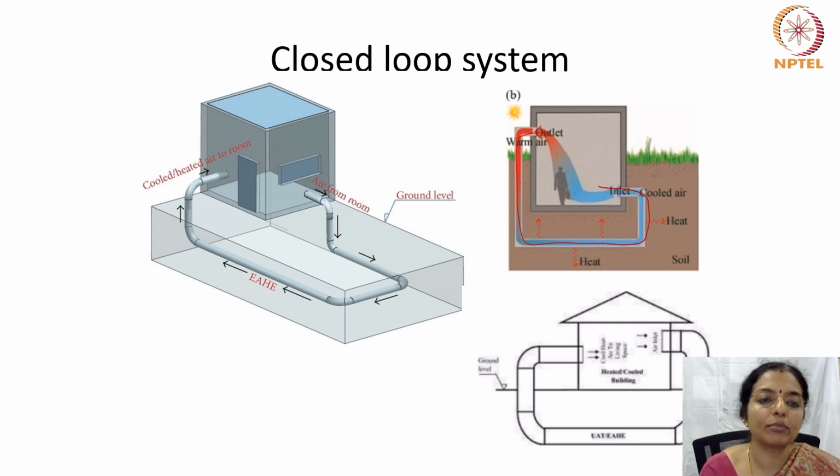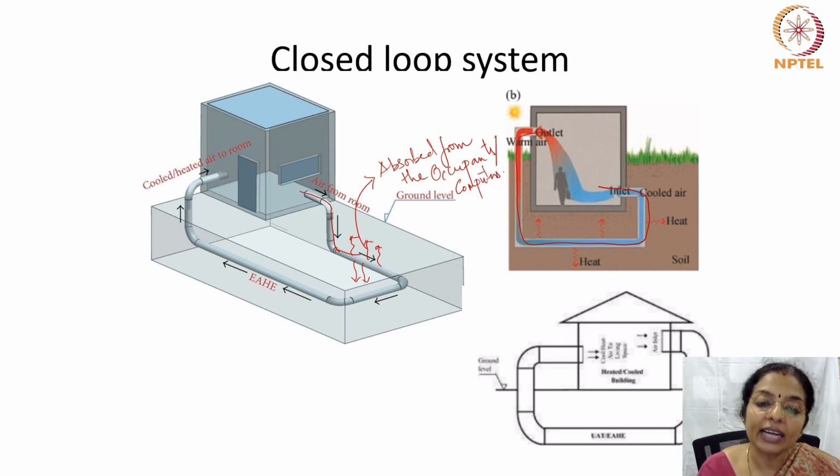It's the same. So what happens is air from the room comes through this pipe, and when it comes, suppose it is summer, it gives out its heat. What heat is this? This is the heat that it has absorbed from the occupants or the apparatus like computers or some other machines that this room may be having.